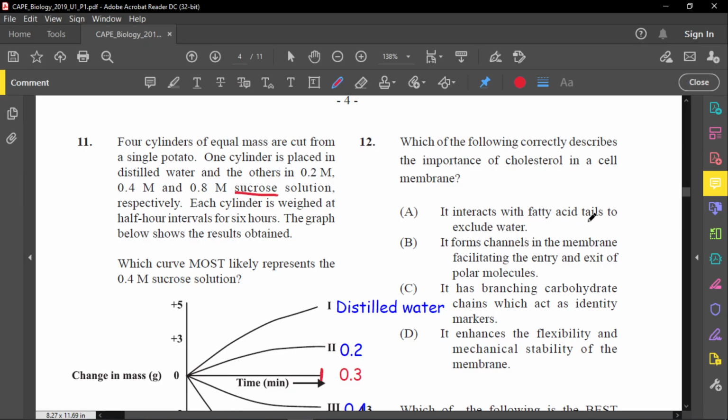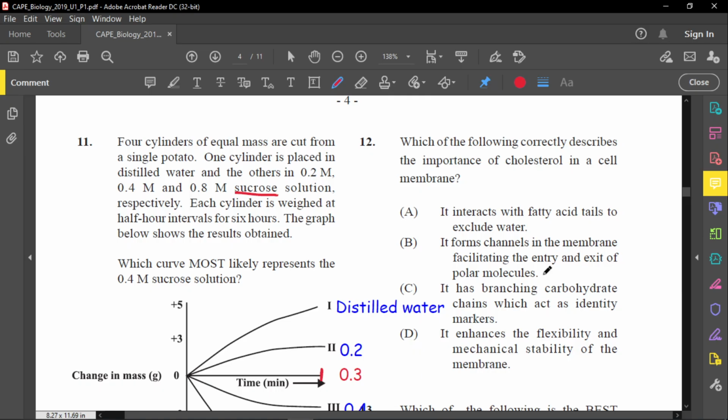It says it interacts with fatty acid tails to exclude water, but that's not true, because fatty acid is hydrophobic. Just to make a point right there. It says it forms channels in the membrane, facilitating the entry and exit of polar molecules.